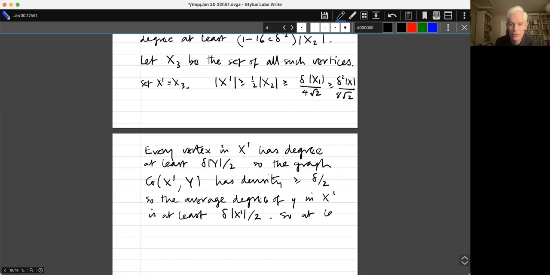So at least delta y over 4 vertices in y have, again by this averaging lemma, degree at least delta times the size of x dashed over 4.